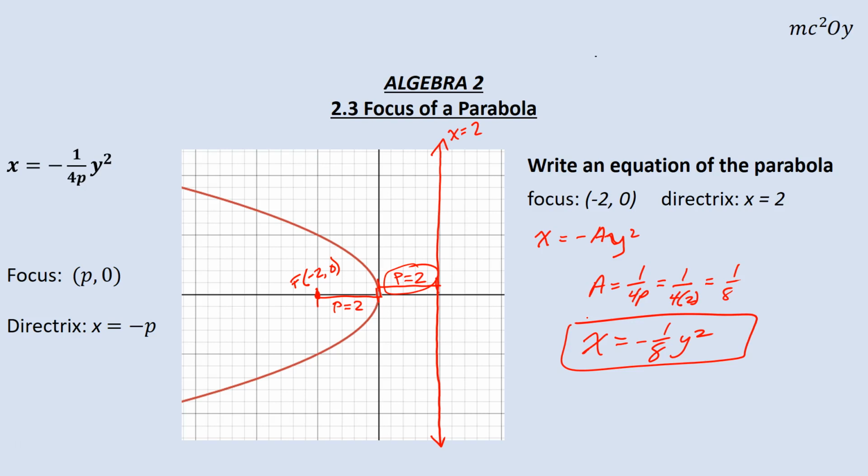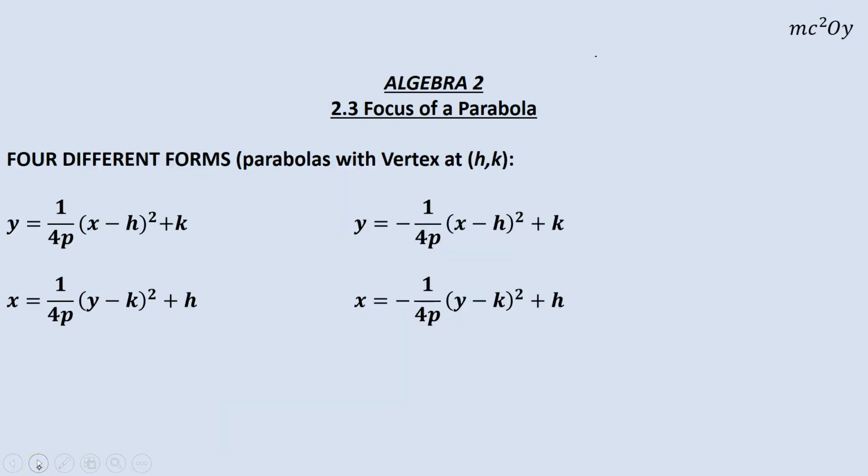All right. Now, before we finish this, we actually have to do some different transformations. So now we're going to take our a term, and we're going to translate our graph to the right or left and up or down. We're going to do that for each of our different a terms. So we have y equals positive a, y equals negative a, x equals positive a, and x equals negative a.